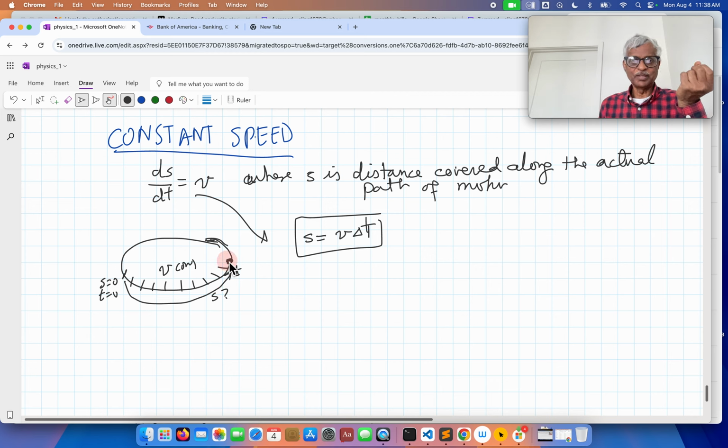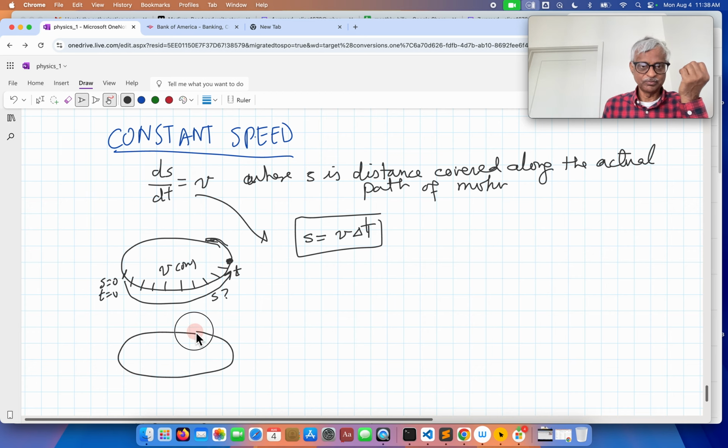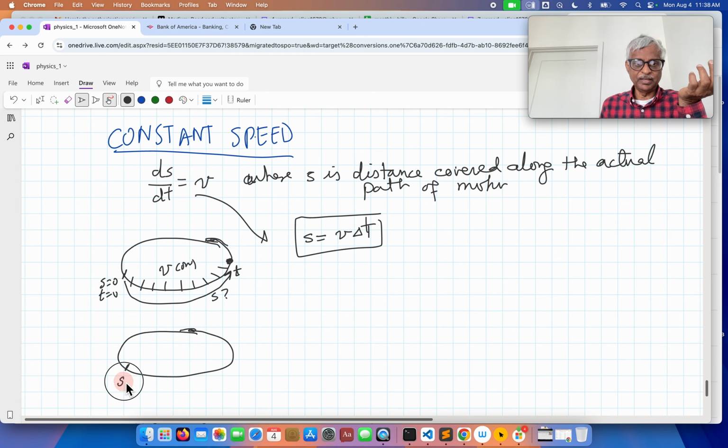Suppose you went like this in the same one, and it's completely independent of how many rounds you go, right? So s equals 0, t equal to 0. Here you went at constant speed, going around, came back, keep going, multiple rounds.